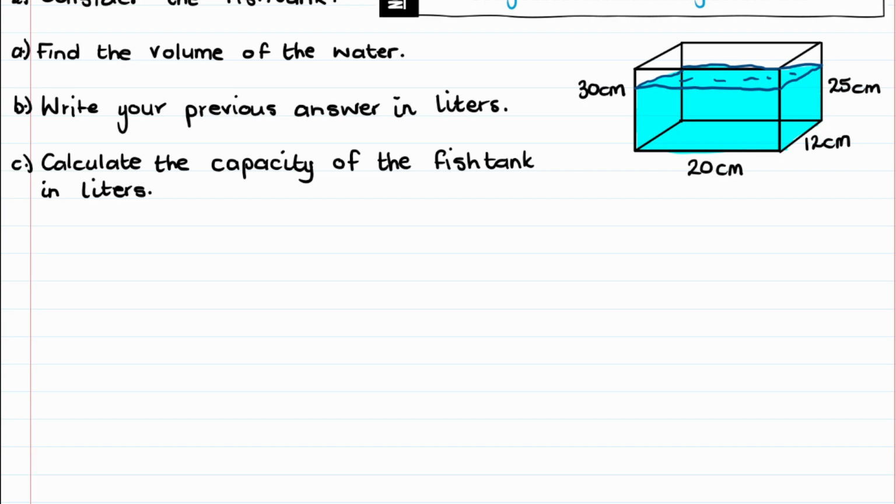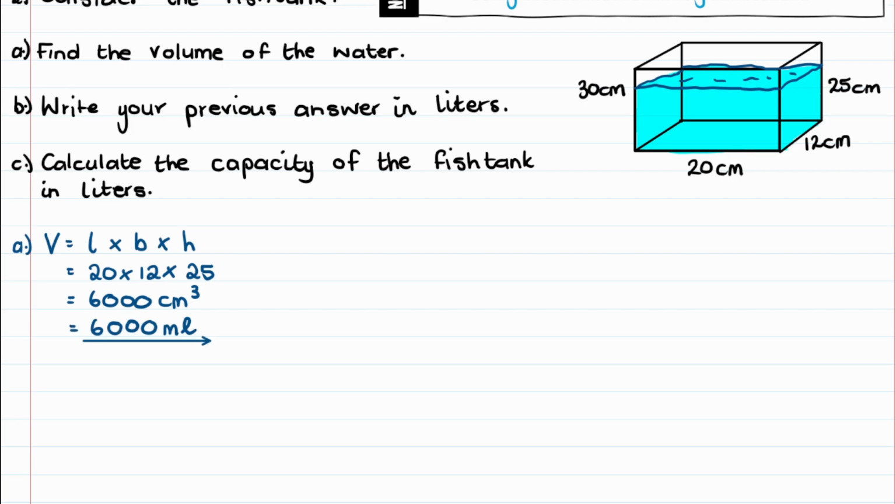So to do this, we would say volume equals length times breadth times height, which is 20 times 12 times 25, because the 25 shows the height of the water. This gives us 6,000 centimeters cubed, but we change this into 6,000 milliliters at the end because we are working with a liquid.